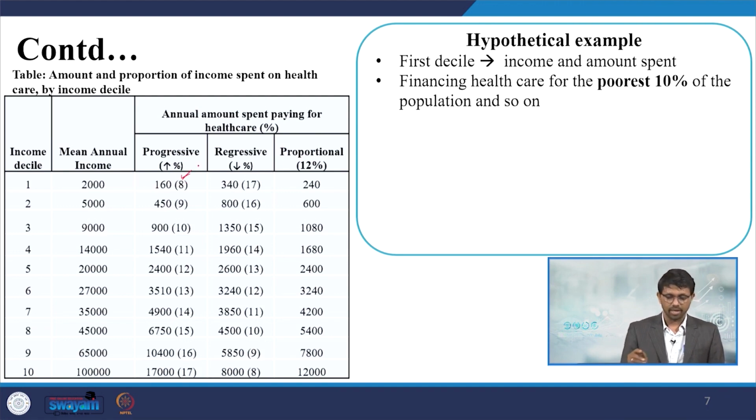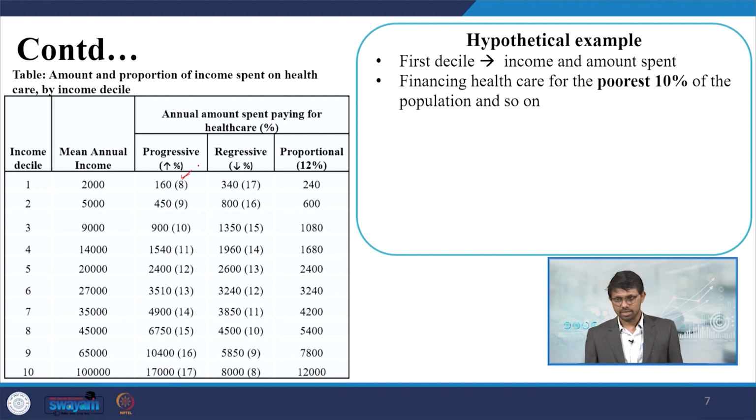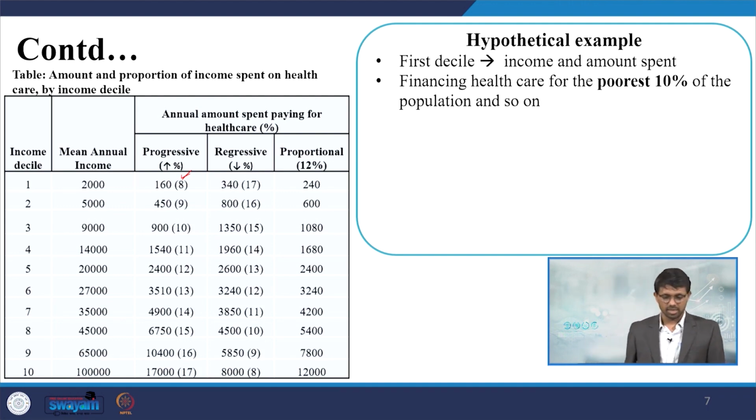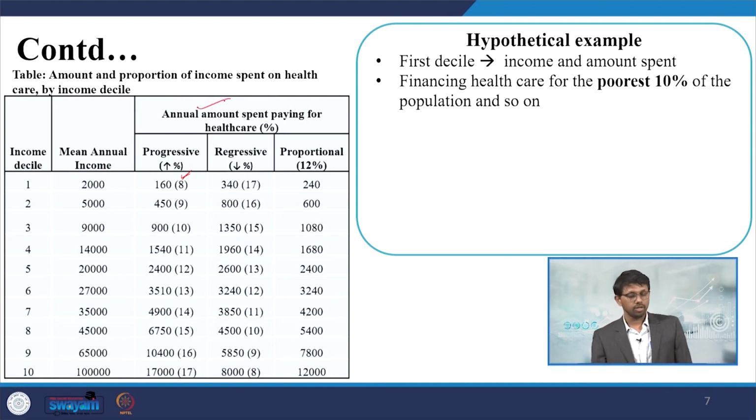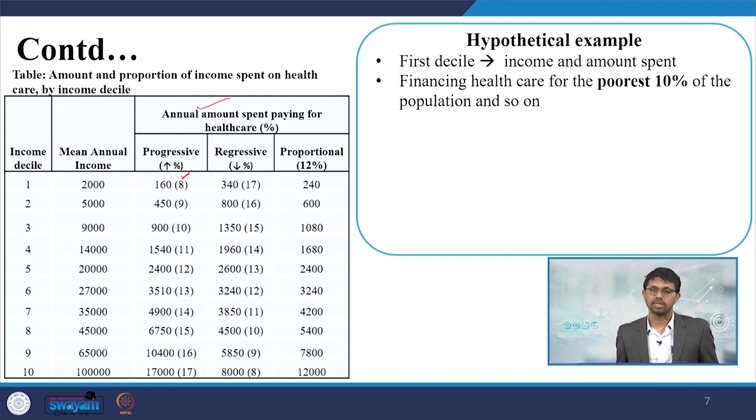In the bracket we have percentages, and the spending is the annual amount spent for paying for healthcare. This is 160 divided by 2000, which is nothing but 8%. Similarly, in the next income decile, it is 450 divided by 5000, which is 9%.